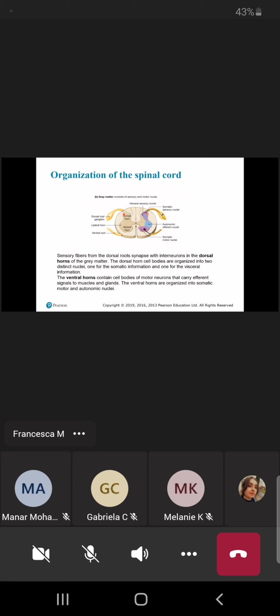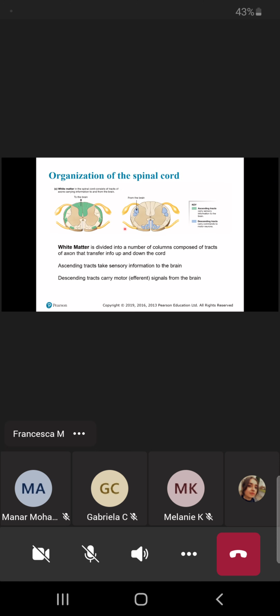For what concerns the gray matter, that is this internal portion that has this particular shape, usually called the butterfly shape. But all this gray matter is basically surrounded by white matter. So it is surrounded by axons, by myelinated structures.